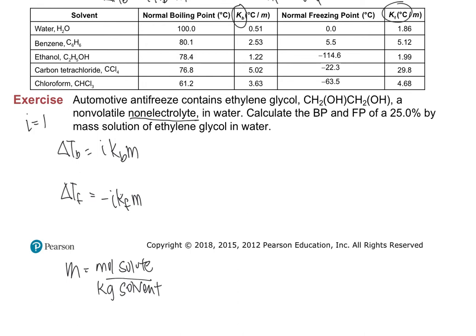So we don't have molality, we have percent mass. If I have 25% mass of ethylene glycol, that means I have 25 grams of it in 100 grams. So I'm just going to say 25 grams of ethylene glycol. Now my molar mass of ethylene glycol is 62.03, or I'm just going to put 62 grams per mole.